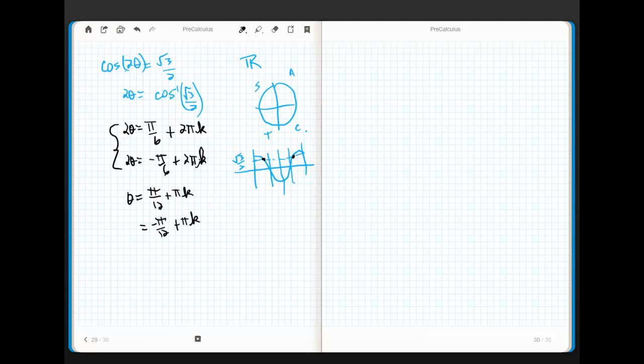Now you may ask yourself, wait a second, Ripley, I thought that the period of cosine was 2 pi. It is. But the period of cosine of 2 theta is, remember, the original period divided by the coefficient, which is pi. And that's why this happens.